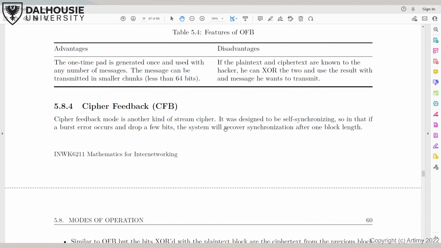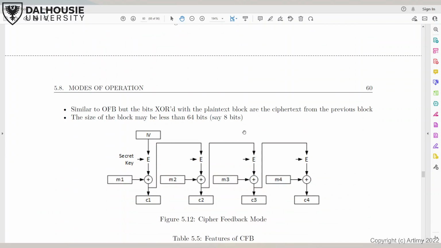All right, the fourth one will be the cipher feedback, or CFB. CFB tries to do whatever the previous one does, but enhances it a little bit. So it takes the initial vector, encrypts the initial vector, same as before, XORs it with the message, and gets C1, the cipher. But here you notice that we get the output of the XOR and we use it to encrypt again, right?